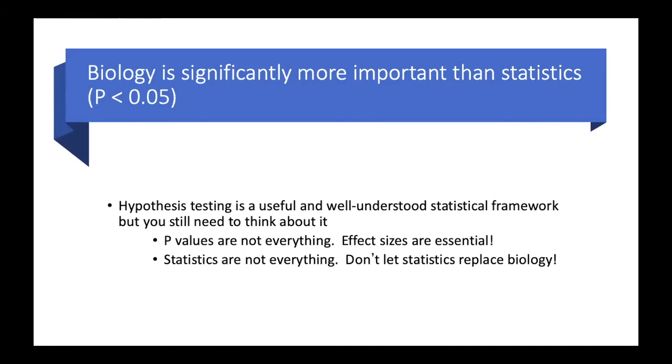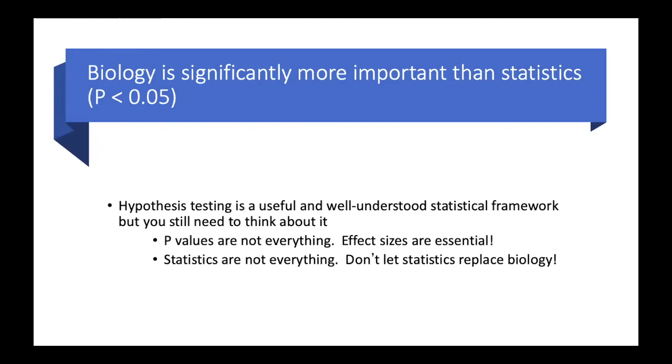So in summary then, hypothesis testing is a useful and well understood statistical framework, but we still need to think about it. We need to give some thought to what it means to have rigid thresholds for our alpha level. And is it really all that different to have a p-value slightly below or slightly above our predetermined alpha? It's also important to recognize that p-values are very helpful, but they're not everything.